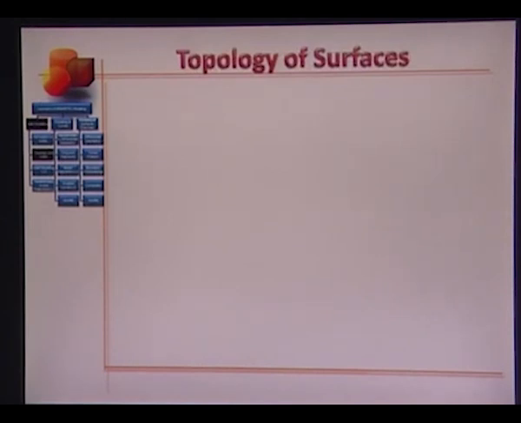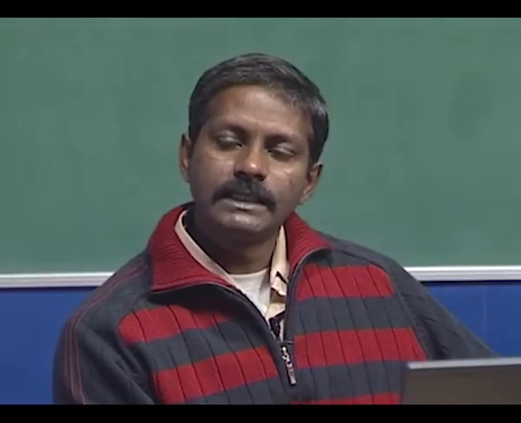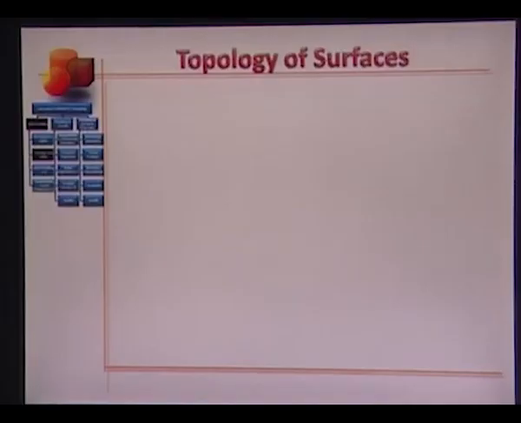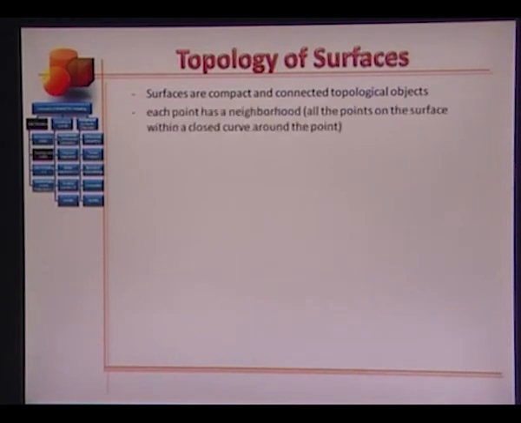We had mentioned before that the bounding surfaces are adequate enough to represent the respective solids. Surfaces are compact and connected topological objects. Each point has a neighborhood. A neighborhood is homeomorphic to either a plane, which is R2, or a half plane, which is H2.